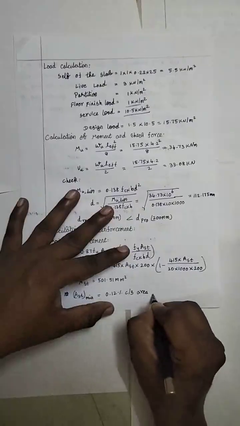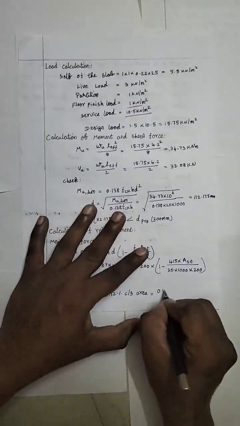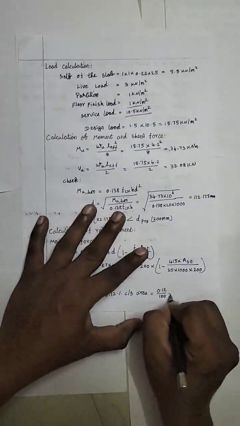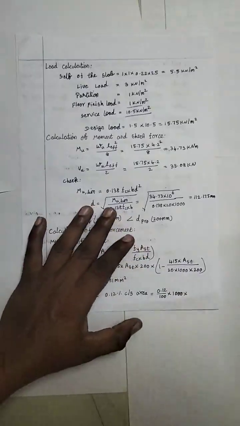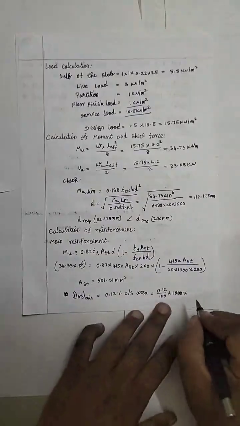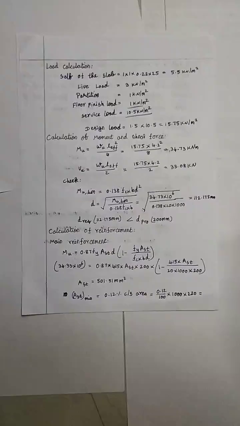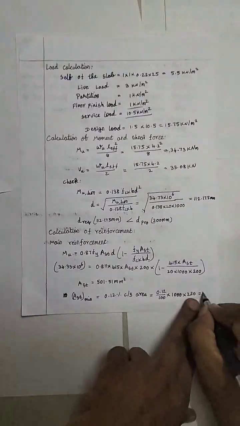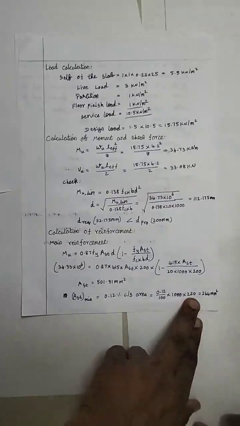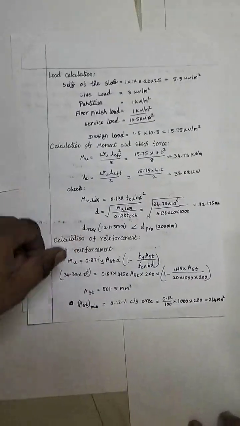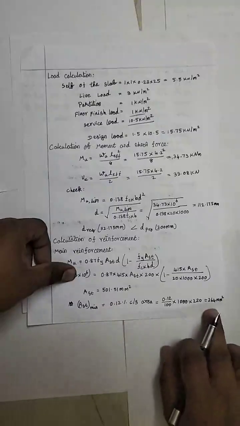The cross sectional area is nothing but b into D, so 0.12 divided by 100. b is as usual 1000, and for D we need to consider the overall depth, that is 220 mm. So the minimum reinforcement is 264 mm square. If you see, the Ast which we have calculated based on the moment is 501, and the Ast minimum is 264.